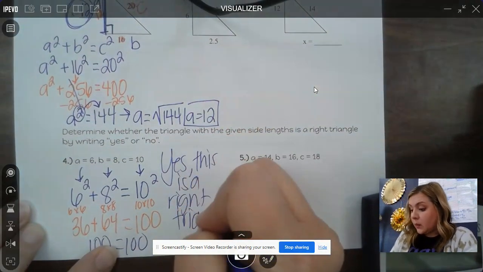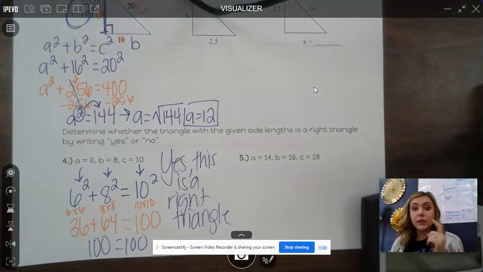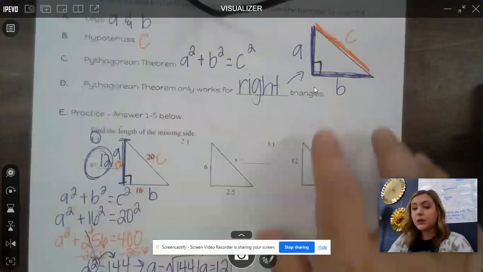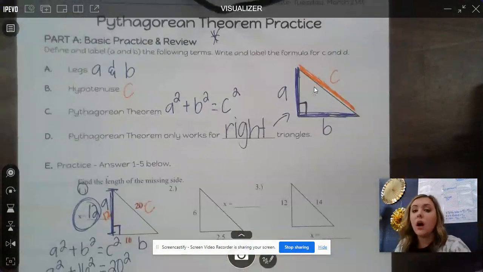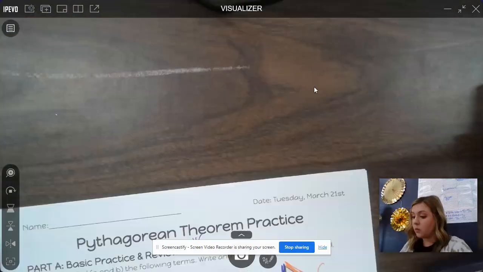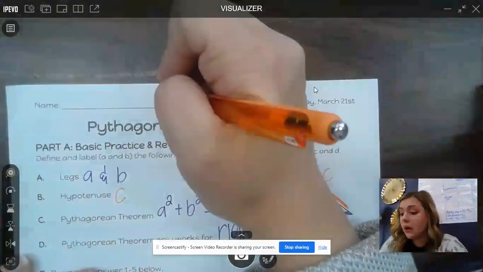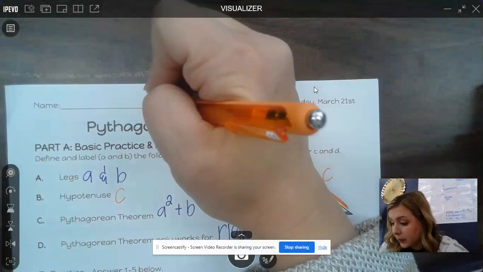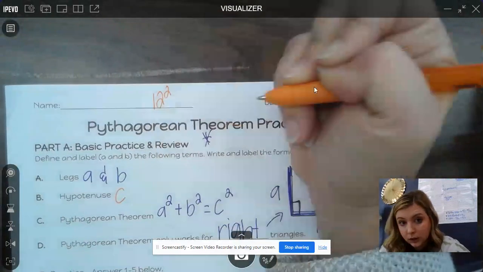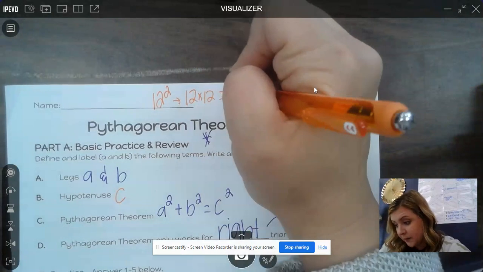So now when you do that second one, if you get anything that doesn't equal each other, then it could be a triangle, but it might not be a right triangle, okay? So here's your review on Pythagorean. Biggest reminder, and you can make this little note wherever you want, and we made this note a lot yesterday: you have to understand that a number squared is times itself, right?